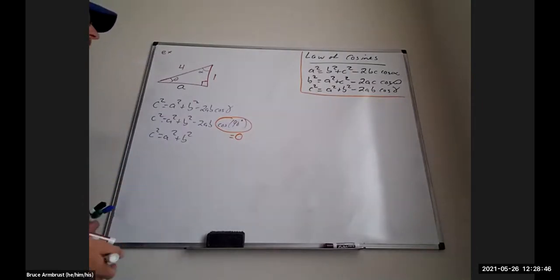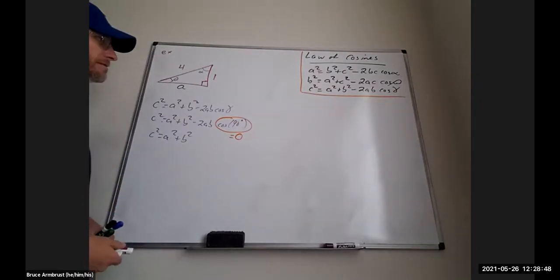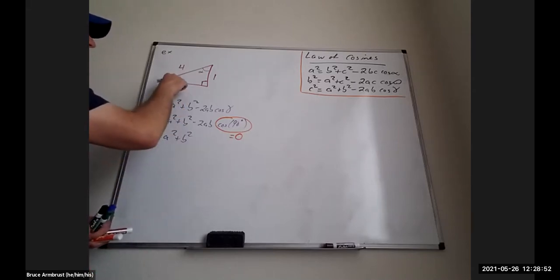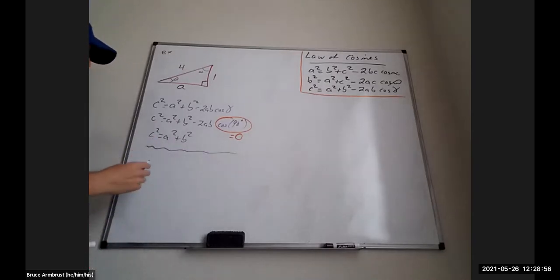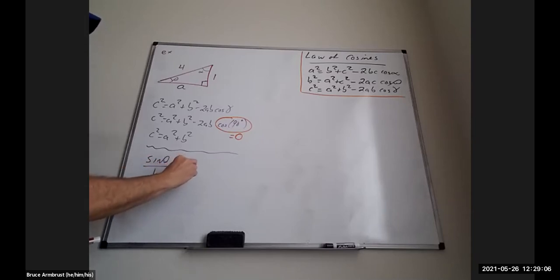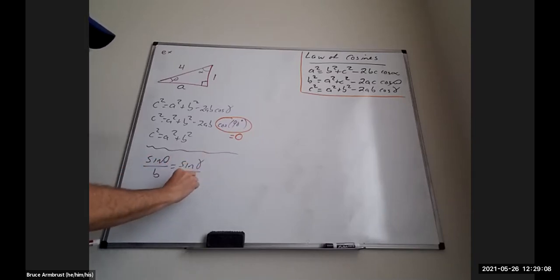Now, suppose we wanted to find an angle, right? Well, let's say we're going to try to find beta from the law of sines. So we're going to go sine of beta over b is going to equal sine of gamma over c, because those we know.